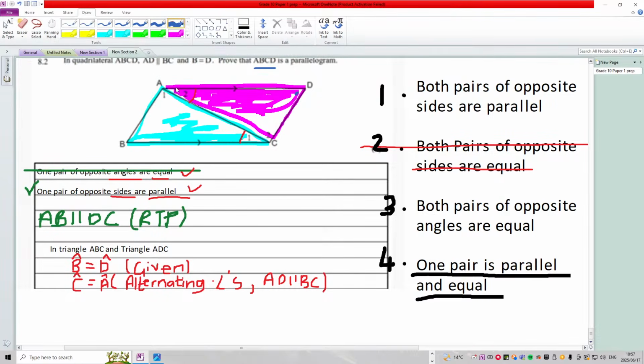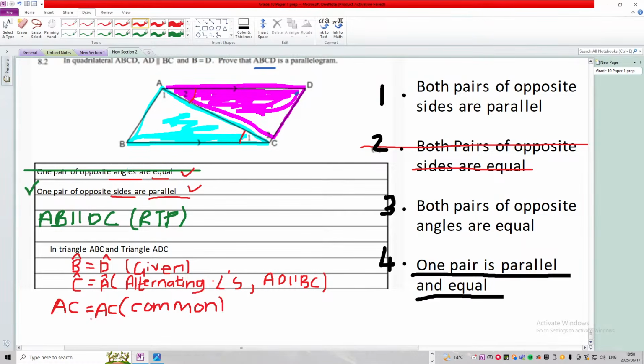AC is common for both triangles. So I'm going to say AC equals AC. We're going to put there our reason: common.